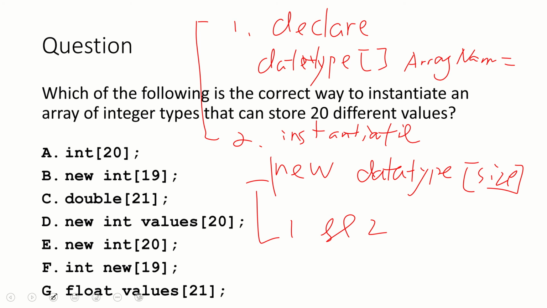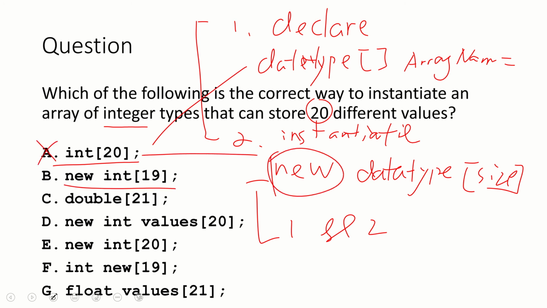In this question, first they need it to be integer. Second, it should be declared with 20 different values, so the size will be 20, right? Let's say this one. There's none of this one and this one, so this is not correct. How about this one?